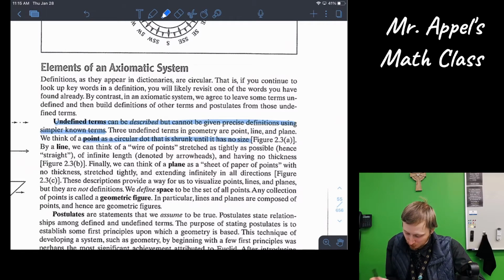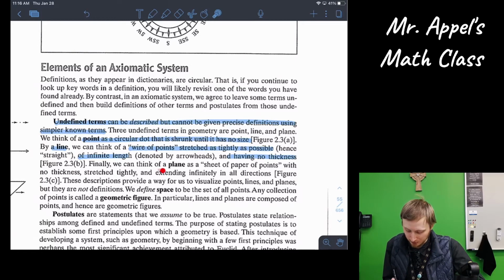A dot that has no size. By a line, we can think of a wire of points stretched as tightly as possible, and hence straight, of infinite length denoted by the arrowheads, and having no thickness.